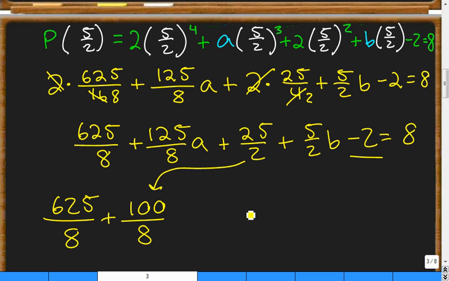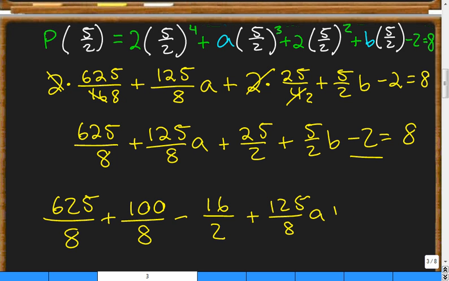That's 25 times 4 over 2 times 4. Our negative 2, we have to multiply by 8 on top and bottom, so on top we get negative 16 halves. And then we have our plus 125 over 8a, and our plus 5 halves b, and that equals 8.